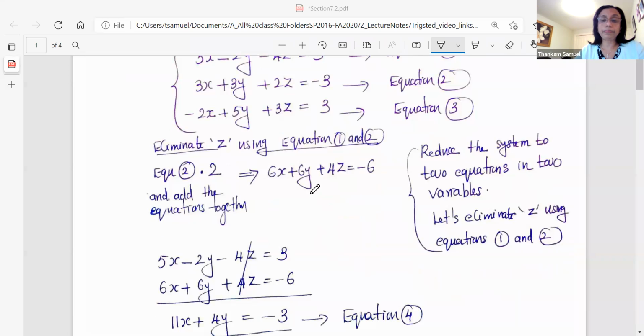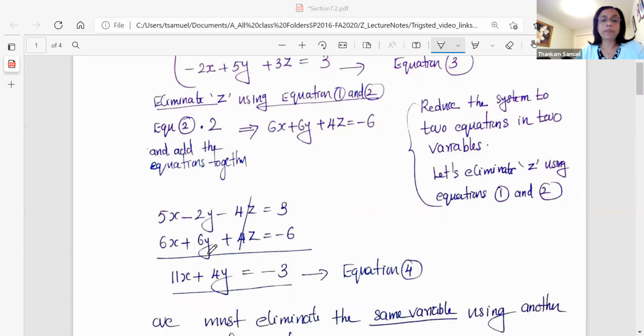So 5x minus 2y minus 4z equals 3. And the new equation is 6x plus 6y plus 4z equals negative 6. When we add them together, you will get 11x plus 4y equals negative 3.